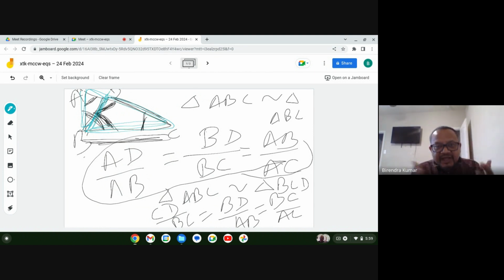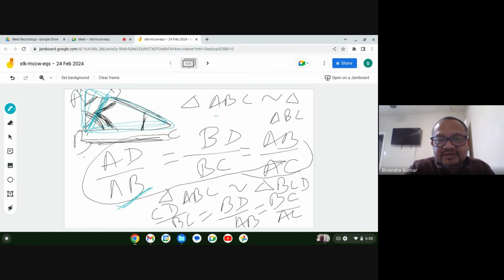And then when we looked at the angles, we found that the small triangle ABD and the other small triangle BCD are similar to the parent triangle. When triangles are similar, the ratios of the opposite sides for the matching angles are in the same proportion.